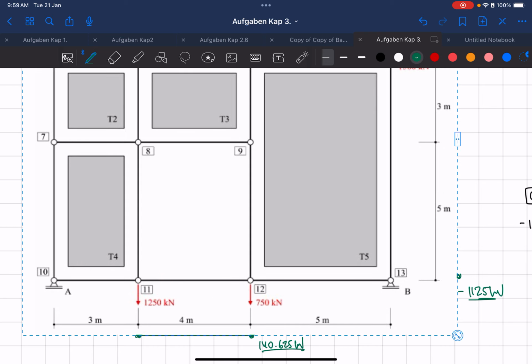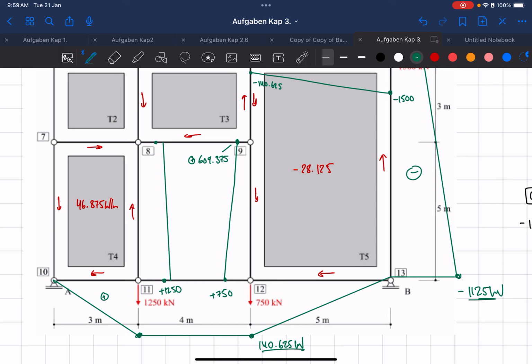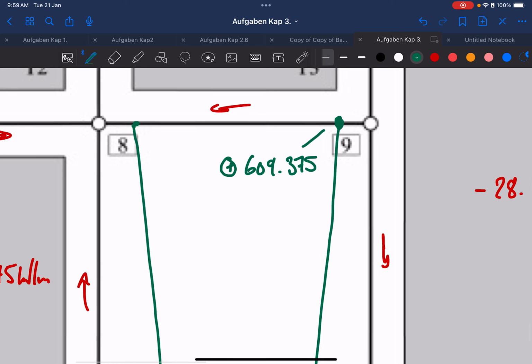Maybe should, oh. So move this point here. 1, 0, 1.5.625 positive.